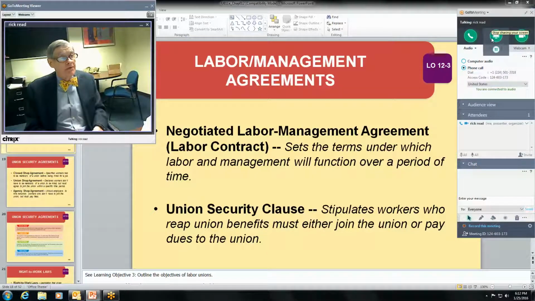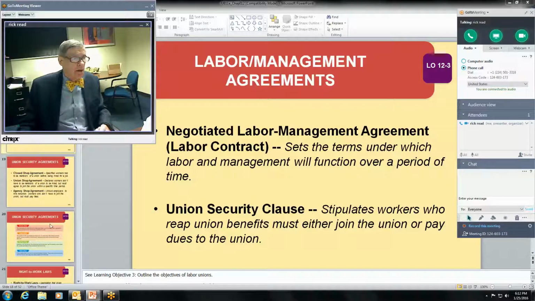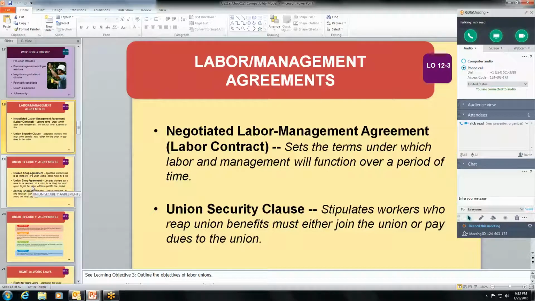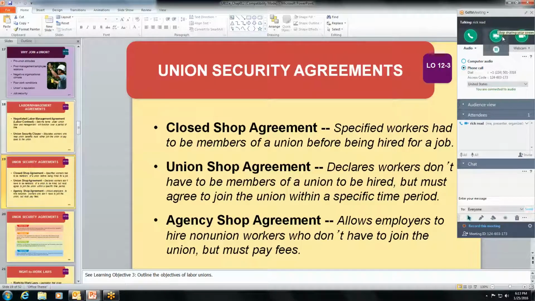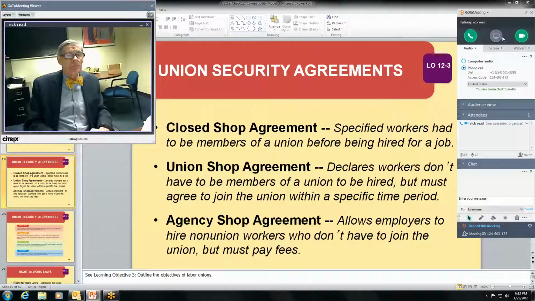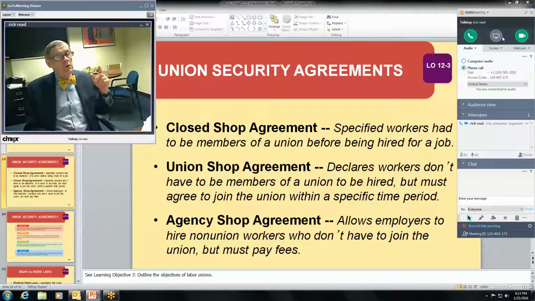There are some different union agreements. There's a closed shop agreement that says workers have to be members of a union before they can be hired. That's the closed shop agreement that's no longer valid.